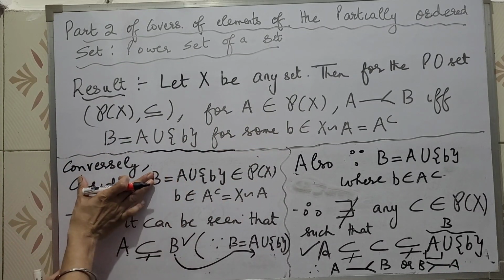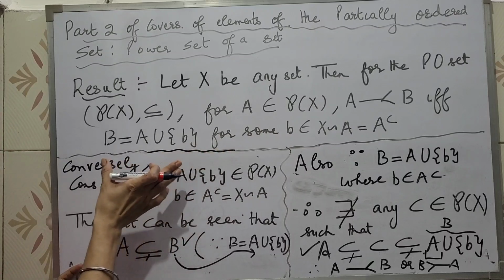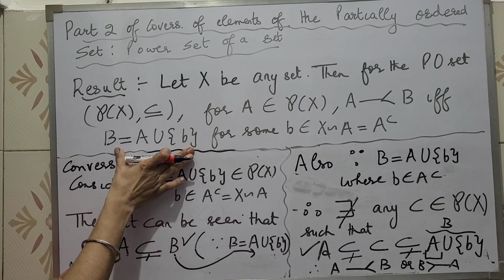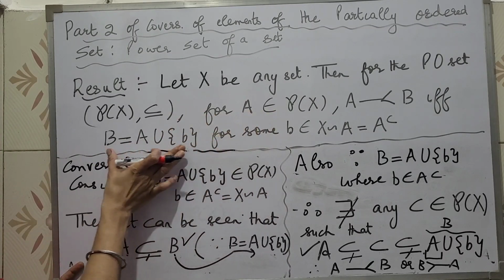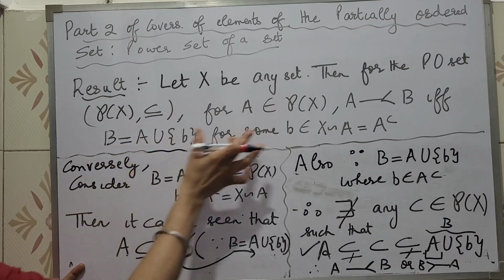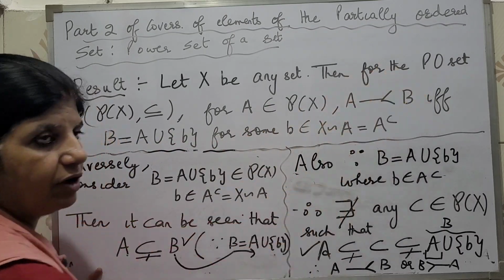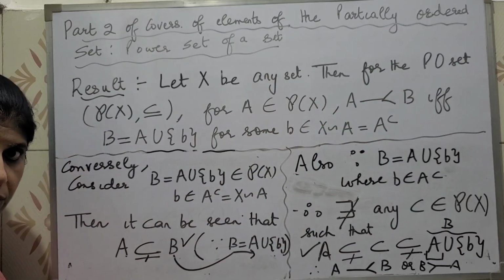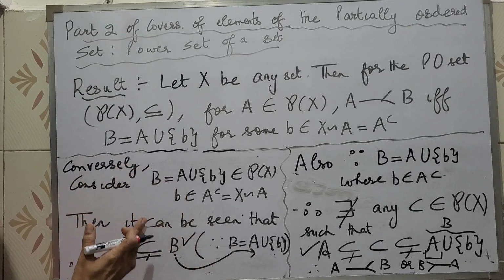So this was the converse part, in which we were given an element B of this type and had to show that this particular B is a cover of A, or A is covered by B. So both ways we have shown the result which was stated in part 1 of this video, and the whole proof has been given in part 2.